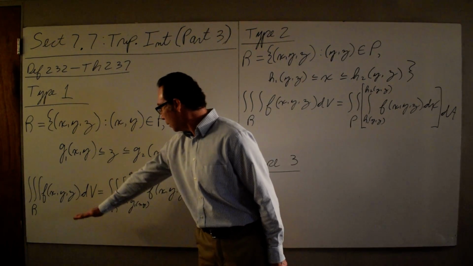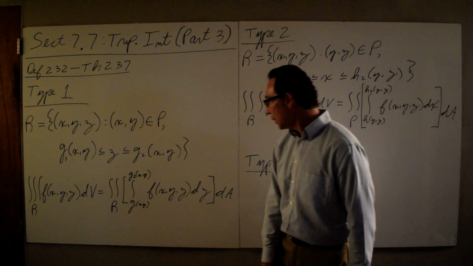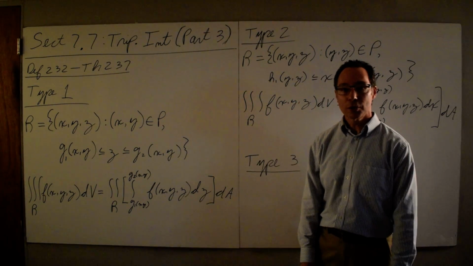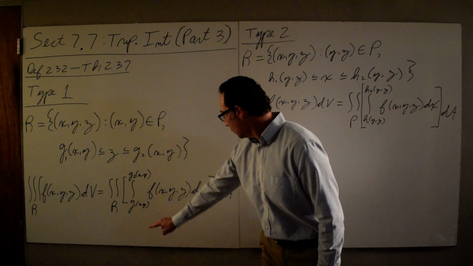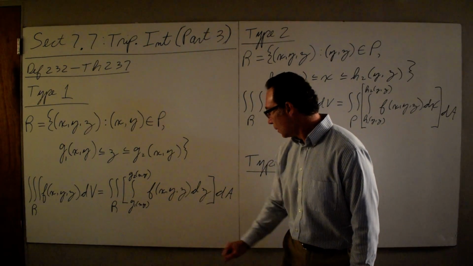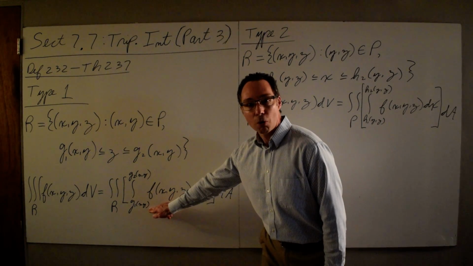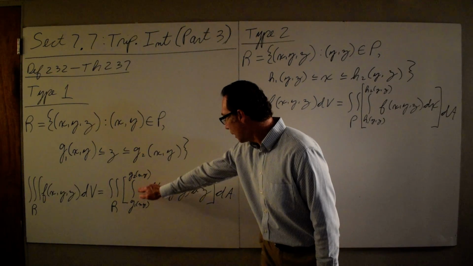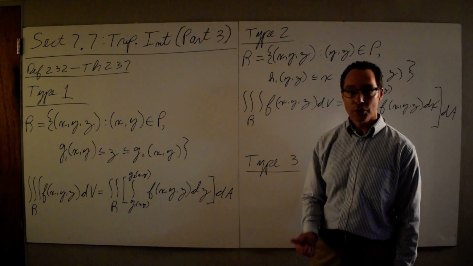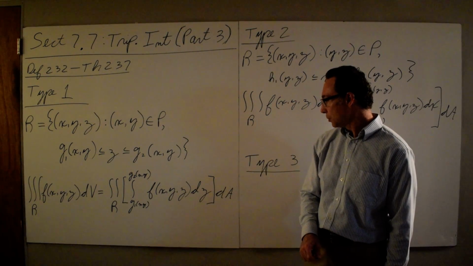And so when we integrate over this region, we do something similar to what we did with the type 1 or type 2 region in R2. We're going to integrate with respect to z first. And so we integrate from the smaller of the two functions to the larger of the two functions. We have g1(x, y), g2(x, y), because g1 and g2 are functions of two variables.